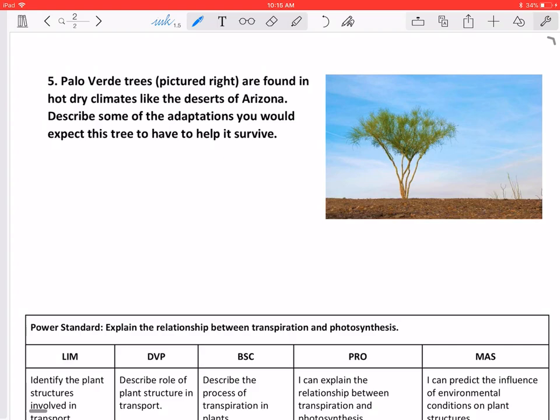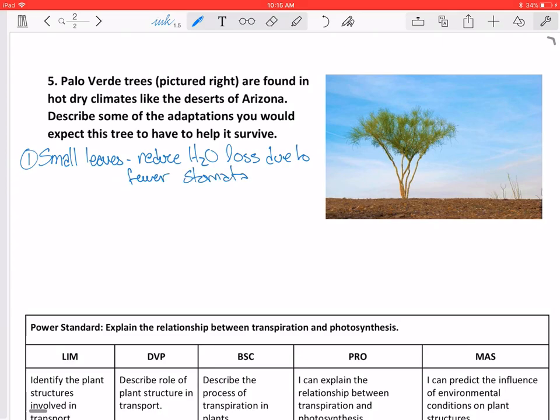The first would be small leaves. Small leaves are going to reduce water loss due to fewer stomata. So we're looking for something along those lines.